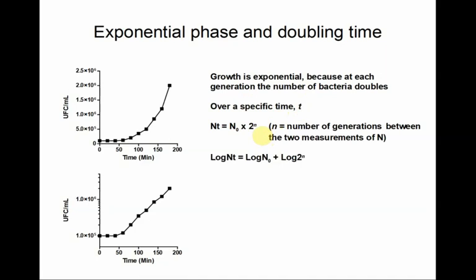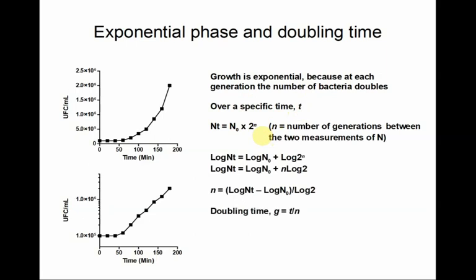And when you have a power of something within a log, that becomes n times that logarithm. So this turns into this. That's the whole point of taking the logarithm, so that you can get a simpler expression, and you just reorganize that, and that gives you the formula to tell you the value of n, the number of generations that have occurred over the time that you're looking at.